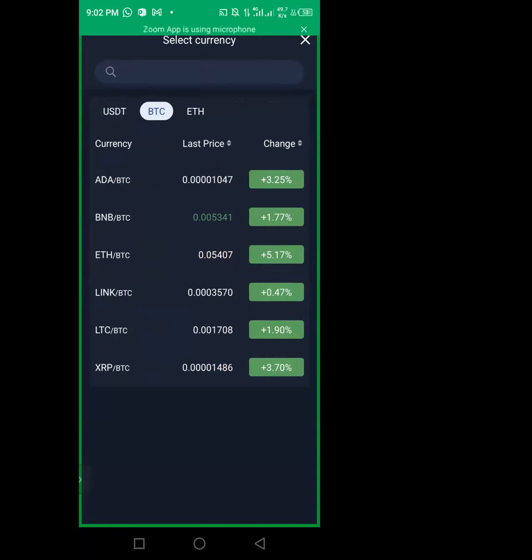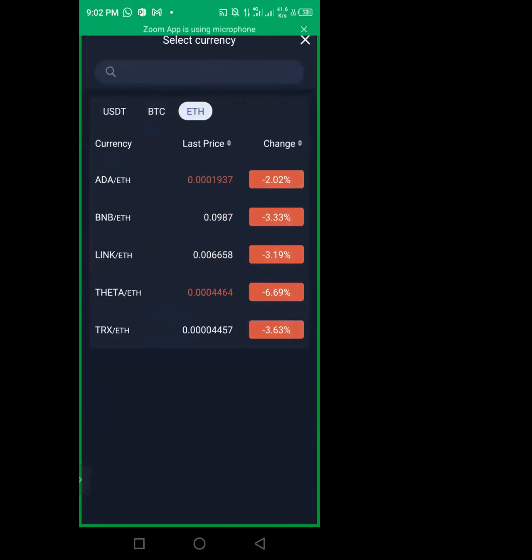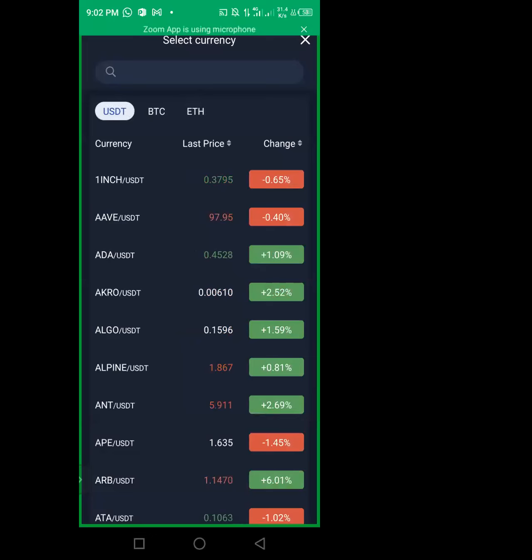If you have Ethereum you want to use to accumulate Ethereum, that means you want your profits to be coming in Ethereum, you can also use Ethereum. But generally what we use is the dollars to accumulate dollars. We use dollars to buy other cryptocurrencies, and when it sells, it makes you profit in USDT.